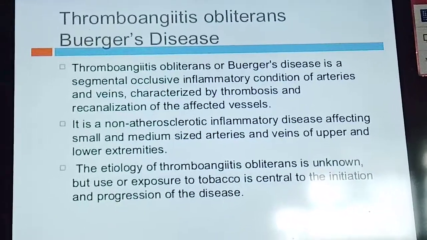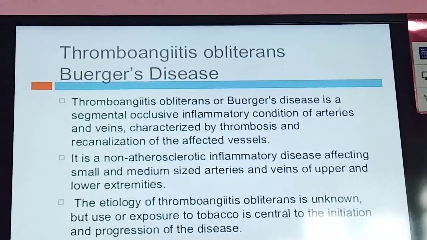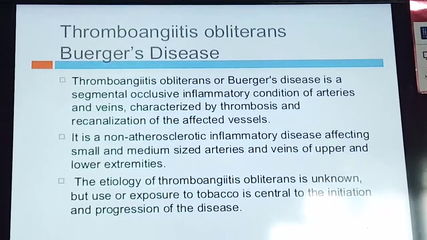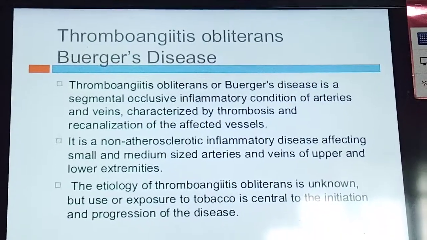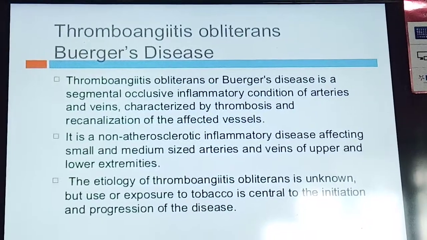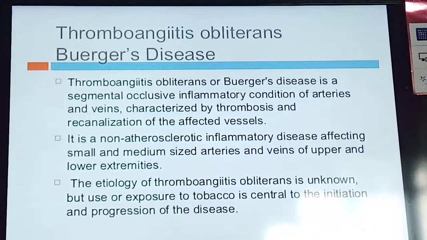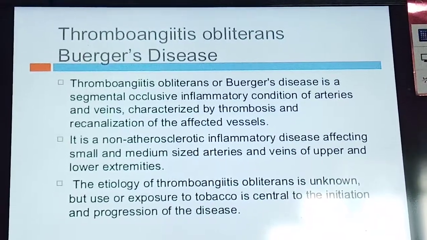Now come to thromboangiitis obliterans, also known as Buerger disease. Thromboangiitis obliterans, or Buerger disease, is a segmental occlusive inflammatory condition of the arteries and veins characterized by thrombosis and recanalization of the affected vessels.